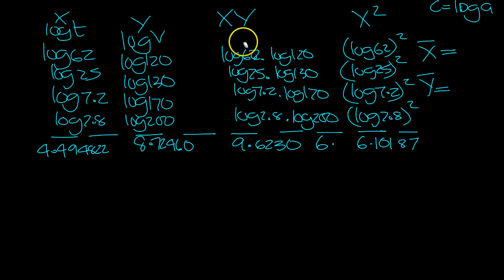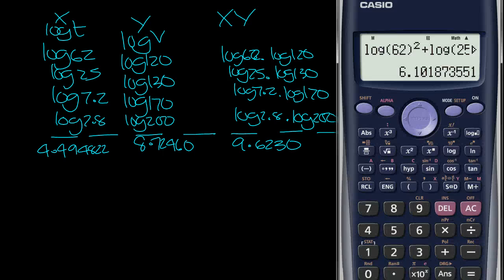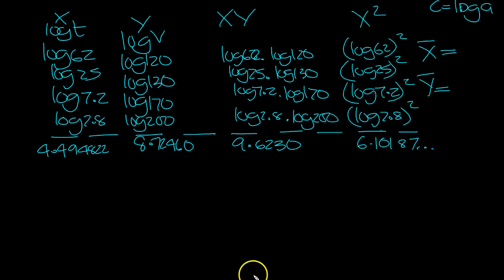Then it carries on, so 6101. Yeah, that's okay. Okay, good. They're all fairly accurate then, aren't they, these numbers? Okay, 6.1018. Yeah, that's fine.